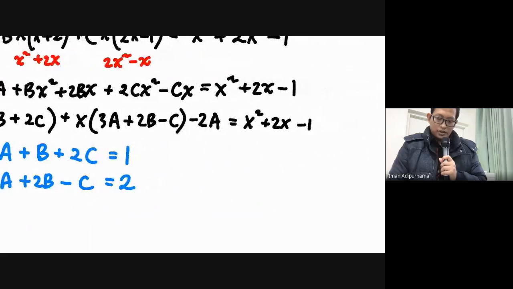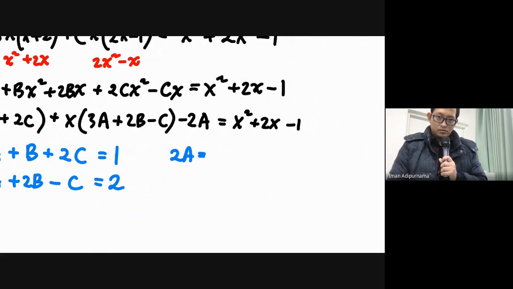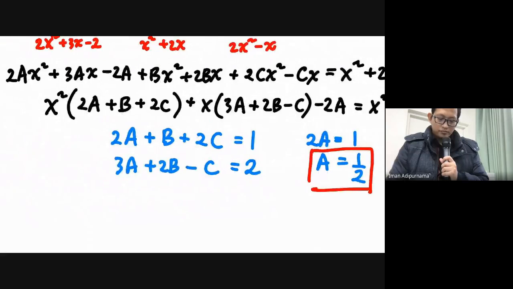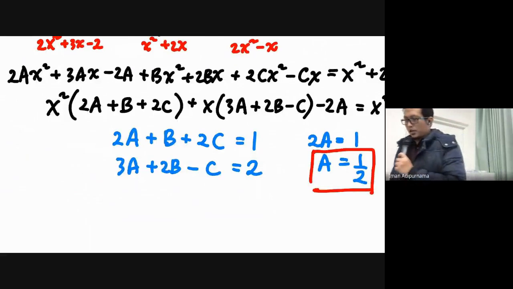And then 2a is 1. So a is half. At least we are now getting a. Now we can solve the linear equations.